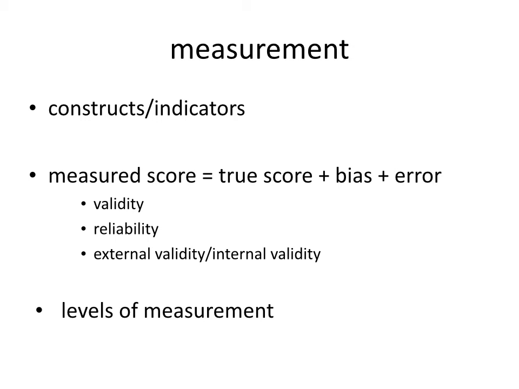And constructs and indicators, that dichotomy is analogous to concepts and operationalizations in the sense that constructs and concepts are ideas or generalizations, and operationalizations and indicators are real-world phenomena. So measurement is an indication of a construct. It's a reflection of a construct.